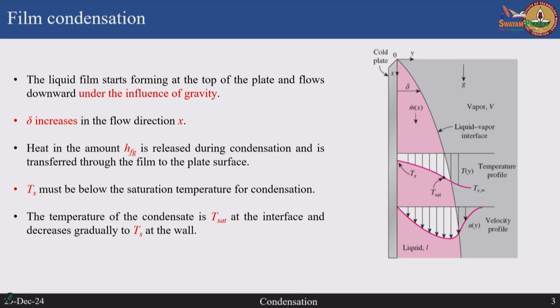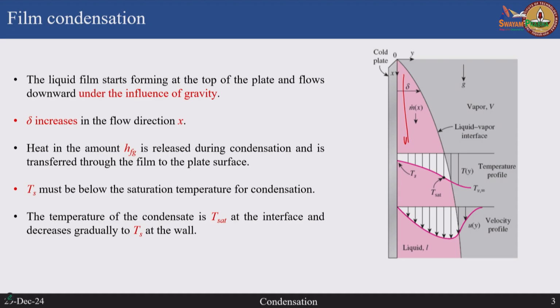The theory of film condensation was first solved analytically by a person called Nusselt, after whom the Nusselt number in forced convection came into the picture. He considered a profile like this. You have vapor outside and a condensate which is falling as a film, flowing like a boundary layer.